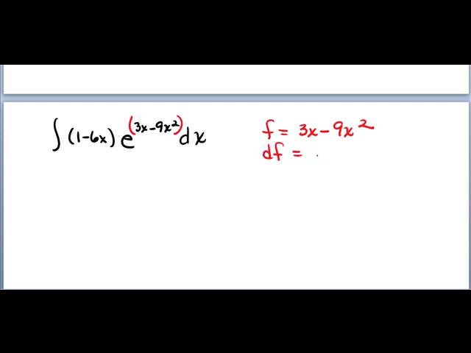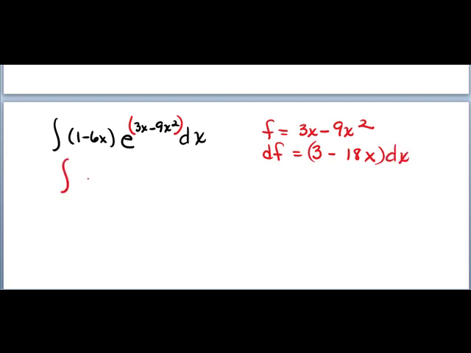So df equals 3 minus 18x. Okay, and then we times dx, because we always have to have our dx.